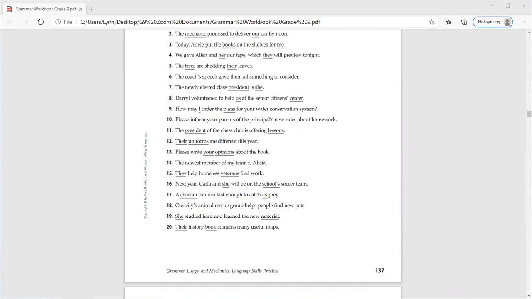It shows ownership. It's my team. And Alicia is nominative. Yes. Number 15, they is nominative. And veterans is nominative. Veterans is objective. Okay.